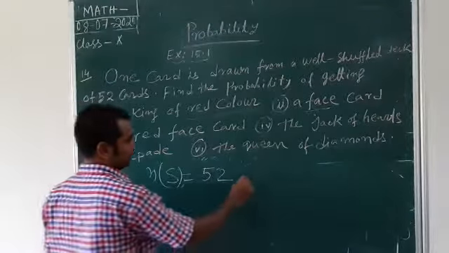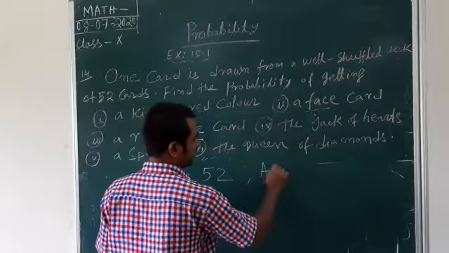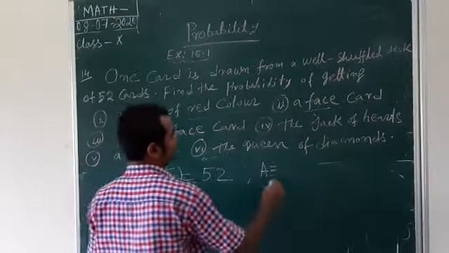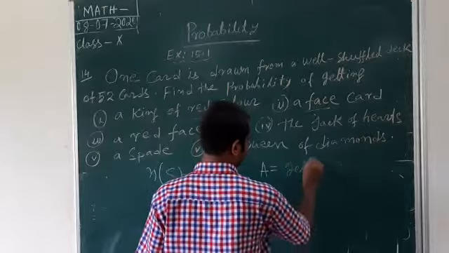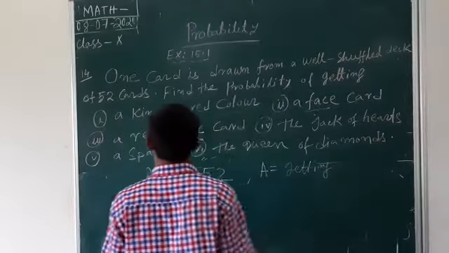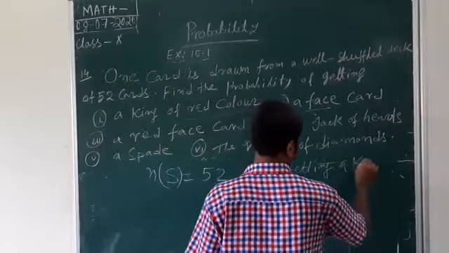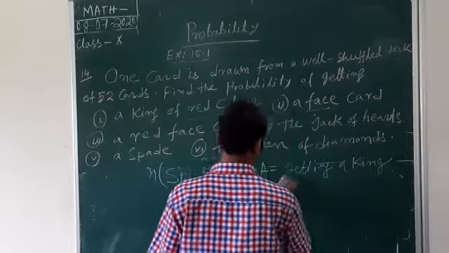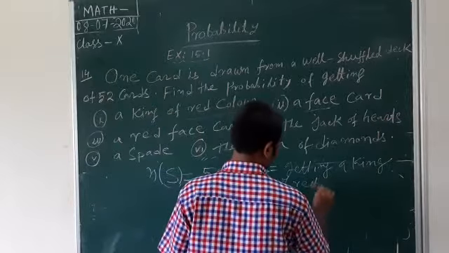Clear? So you write, let A be the event of getting a king of red color.